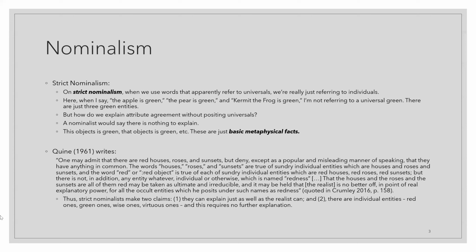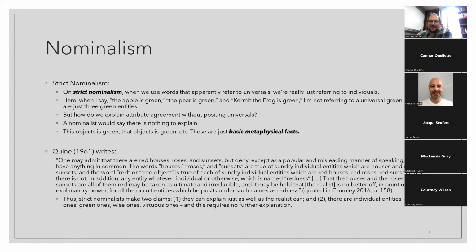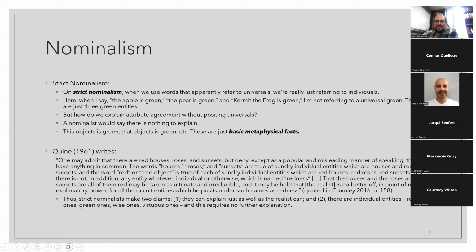So what Quine is saying is that, look, there are particular red objects, sundry individual entities, different separate individual entities that are red, like different red houses and red roses and red sunsets. But beyond just sharing the name red, there's nothing else in common between them.